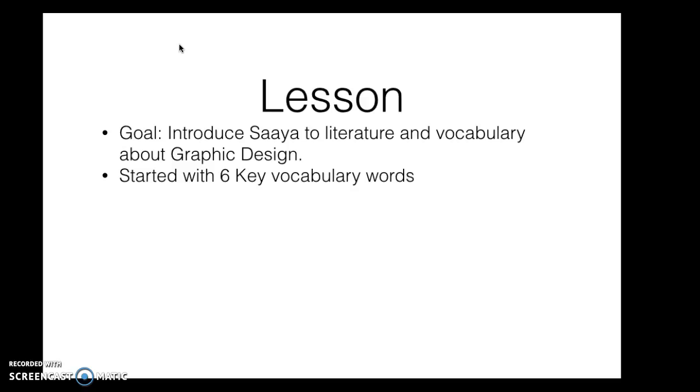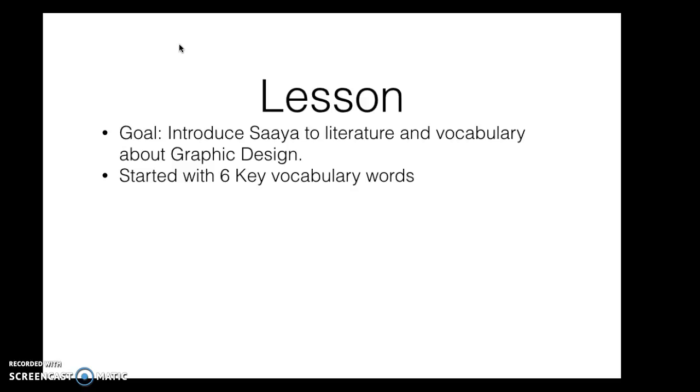So, in order to help her with this goal, I found a blog post online on graphic design. It's called "The Five Basic Principles of Graphic Design." When I read this blog article, I realized it was going to be too difficult for her.